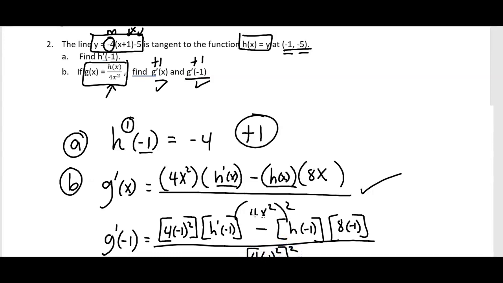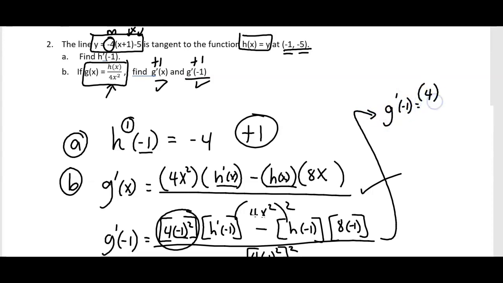Okay, so let's take care of some of this easier stuff first. Like here, -1 squared is 1 times 4 is 4. This piece I'm going to leave it alone for now. I'll come back to that in a minute. This piece I'll leave alone.